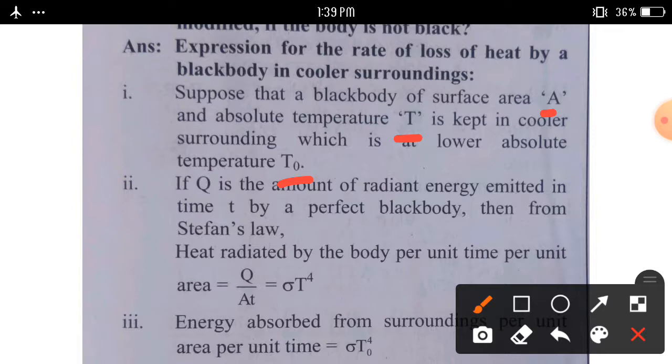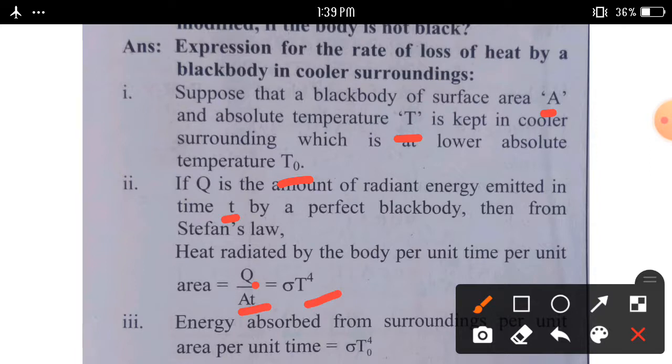If Q be the amount of radiated energy emitted in time t by the perfectly black body, then from Stefan's law, the heat radiated by the body per unit time per unit area, Q upon A into t, is equal to sigma into T raised to 4.